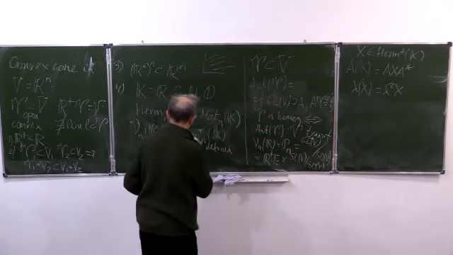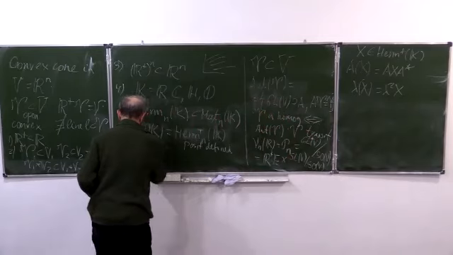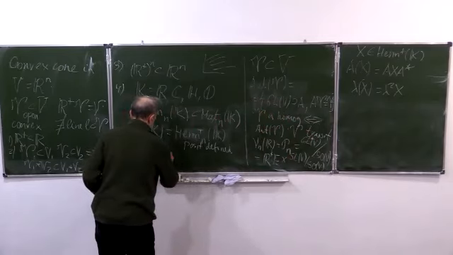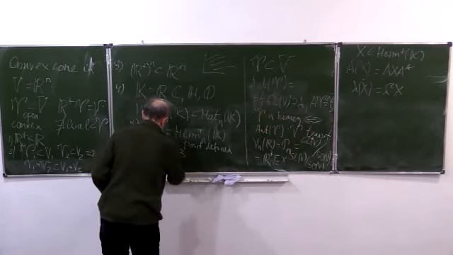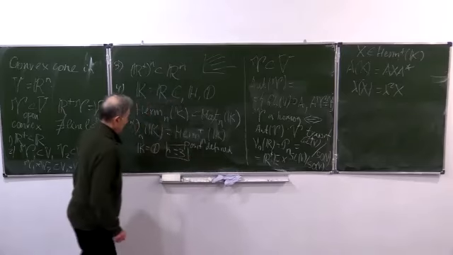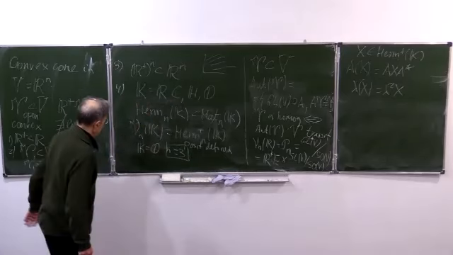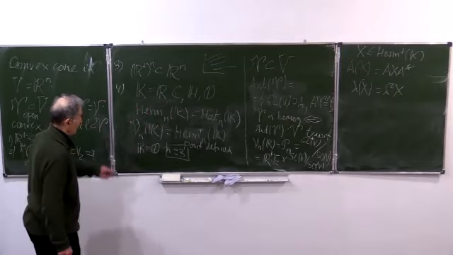I forgot to say that if K equals O, the octonions, then n must be equal to 3 only. And maybe I give some more examples.